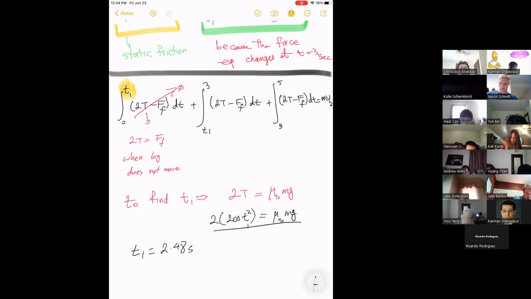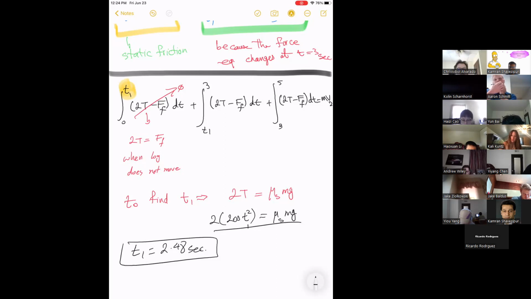Anyone else get the same number? Yes, also got. Okay, good. So up to almost 2.5 seconds, this thing doesn't move, right?